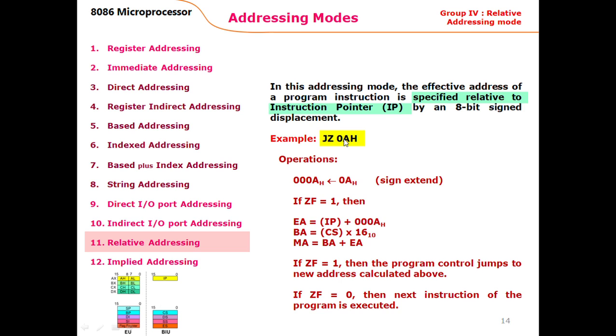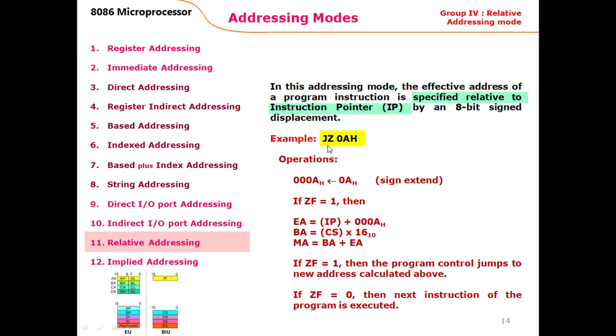So first, this 8-bit displacement is sign extended, just like we did before. So 0A is extended to a 16-bit value, and as this is positive, zeros are appended at the left hand side. So we get a sign extended 16-bit value now. Now JZ is a conditional jump.